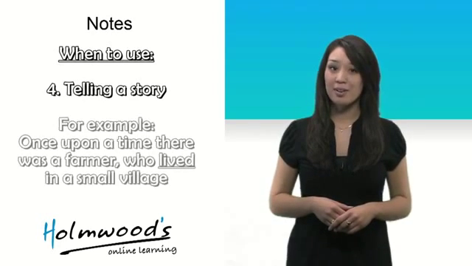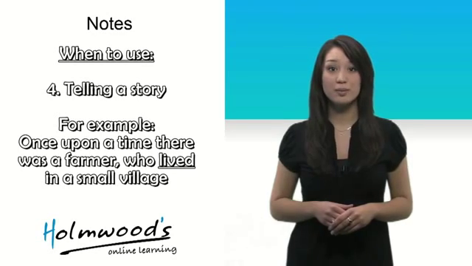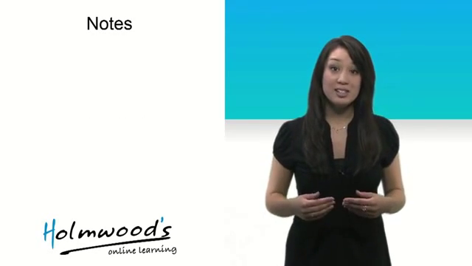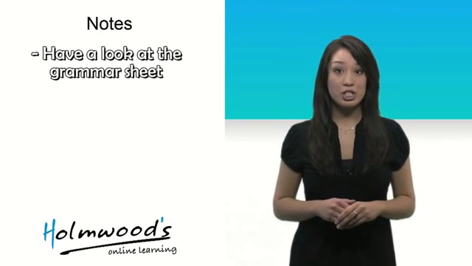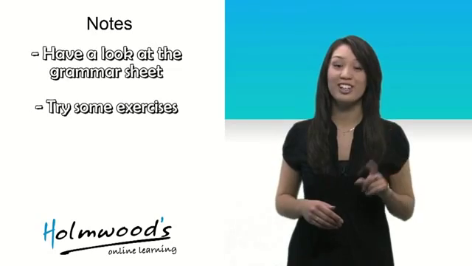Once upon a time, there was a farmer who lived in a small village. You can see with all these uses, past simple is always about something that is completely finished. Remember that. It is very important. Have a look at the grammar sheet and try some exercises to make sure you really understand it.